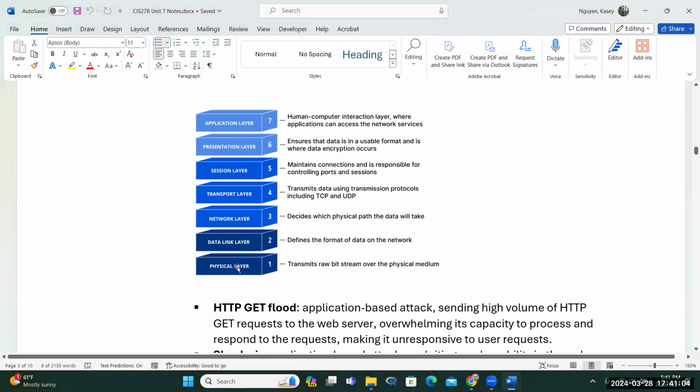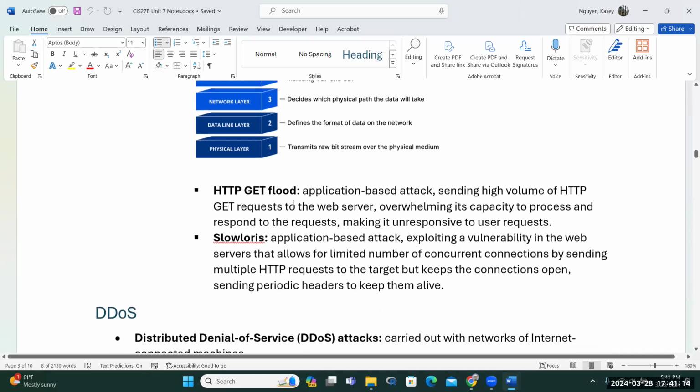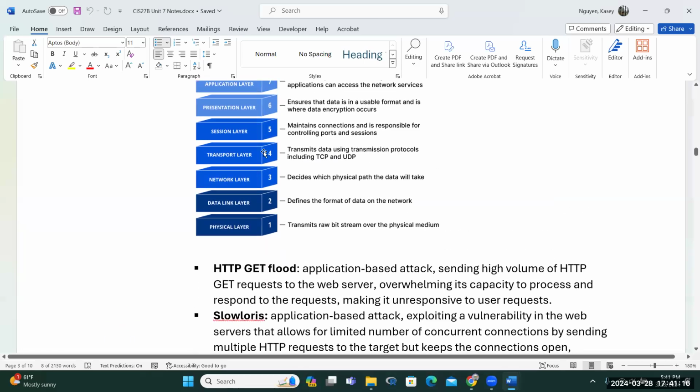So the time that you turn your computer on, connect it to the network, and open up a website, all of these layers are at work. Why is this important? Because in an attack, you need to know which layer they're operating at to pinpoint and stop the attack. And as a pen tester, you need to know which layer you're operating at when you're attacking.